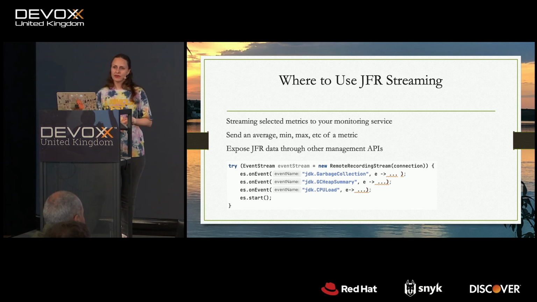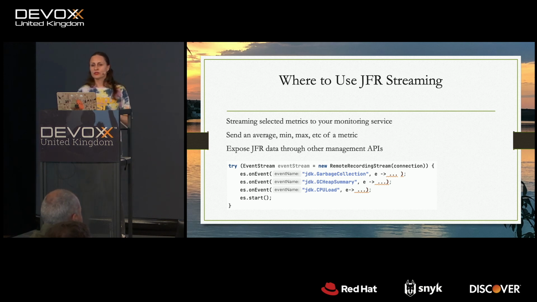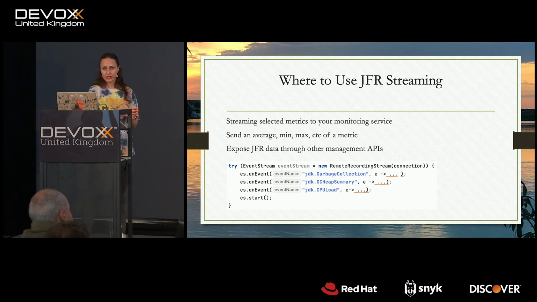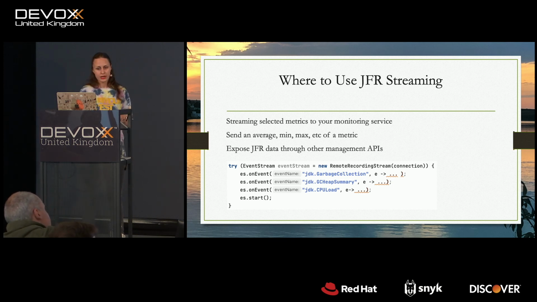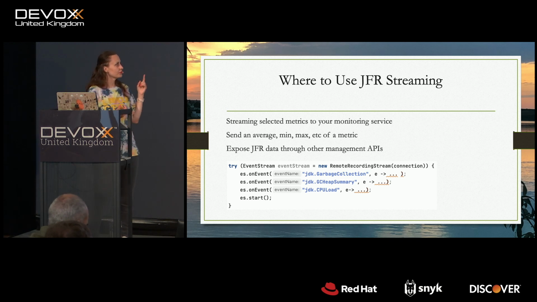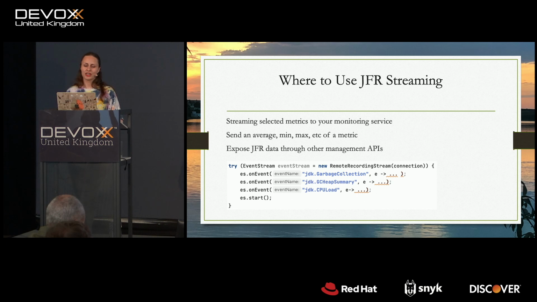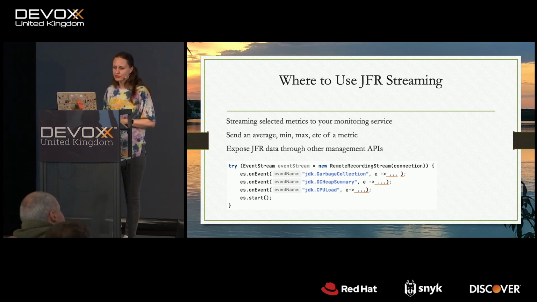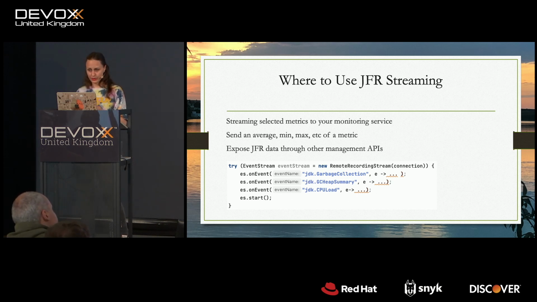And you can stream those events to Prometheus, for example, and gain metrics over time about how your application is behaving from the JVM's point of view. So in the example there, you have a few of the JDK events that you can use, like the JDK garbage collection, JDK heap summary, and JDK CPU load.